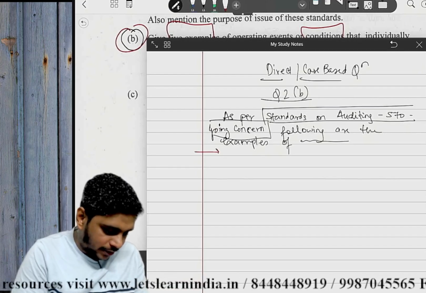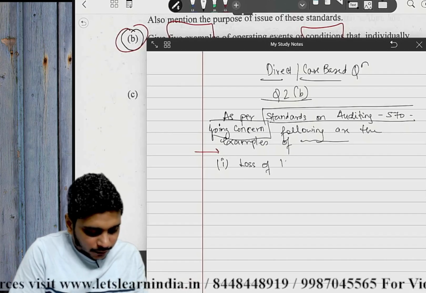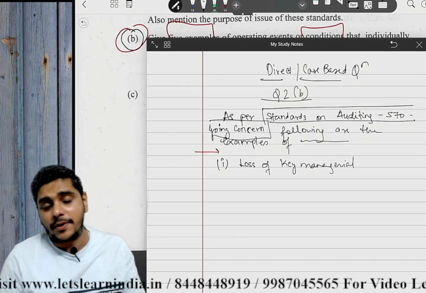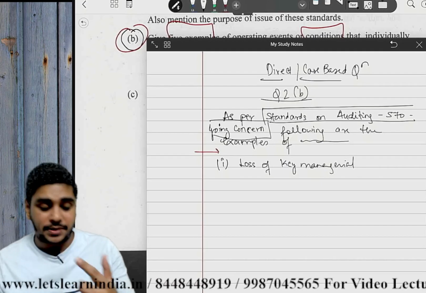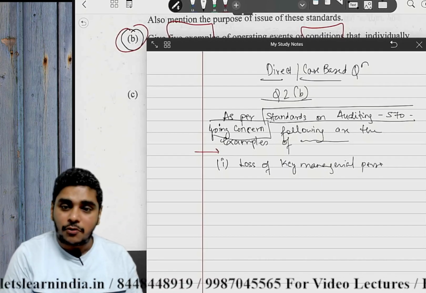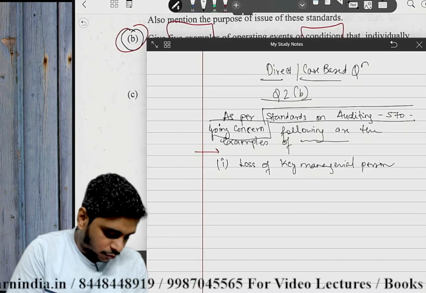I will write point number 1: loss of key managerial person. Sonu Kumar, you are talking about financial factors. I am asking operating factor. Operating basically means business related. Loss of key managerial person without replacement. Okay? Then number 2, leave one more line.